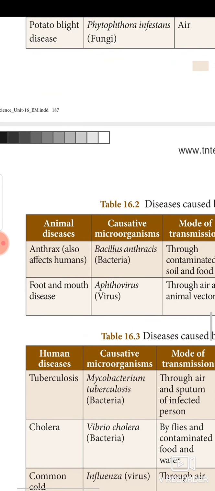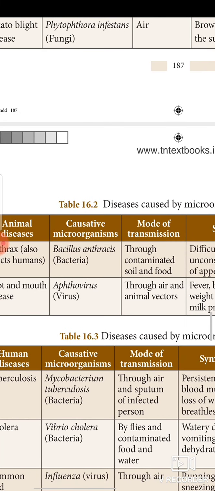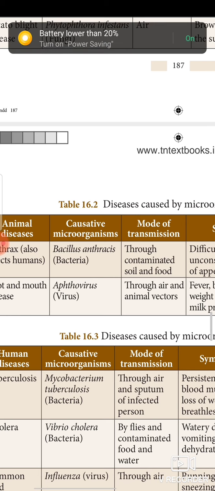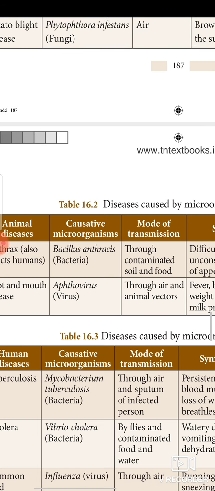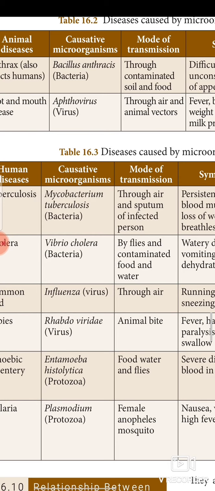So you go through the diseases caused by microorganisms in animals and in humans. They give the name of the microorganisms, mode of transmission, symptoms, and how we can prevent or treat the disease. These are all given in the table in detail. You go through it, gain knowledge and try to lead a healthy life.